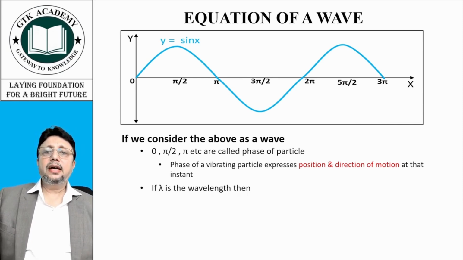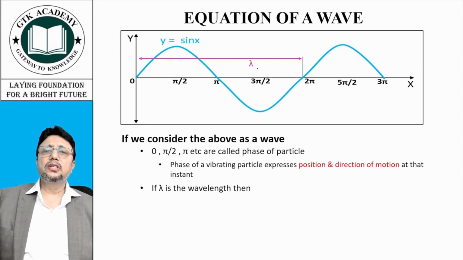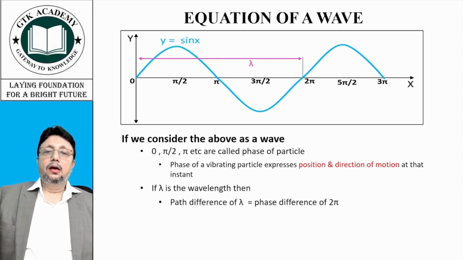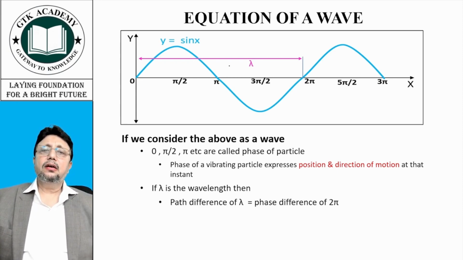Now, if lambda is the wavelength, what is a wavelength? You must be knowing that this is the wavelength. It's the distance after which the pattern repeats. You can see here, this is the mean position, and again after a distance of lambda, the same pattern is repeated. So this is called a wavelength. Now we can easily see that this is the path which the wave has traveled, lambda.